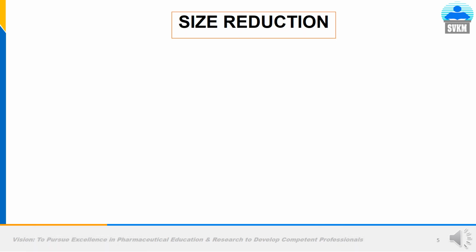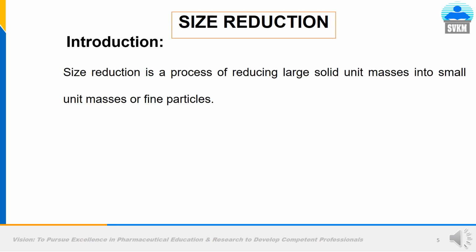Now we'll discuss size reduction. First, the introduction of size reduction. Size reduction is a process of reducing large solid unit masses into small unit masses or fine particles. Because pharmaceutical powders are polydispersed in nature, they create difficulties in the production of dosage forms. Particles of monodisperse size may be ideal for pharmaceutical purposes.